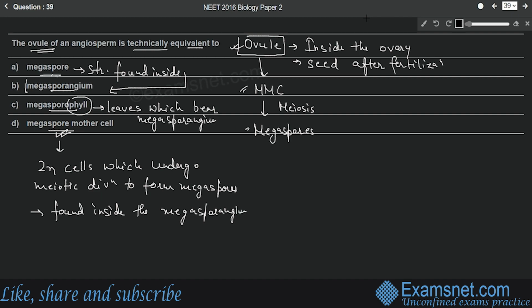So we have seen that megaspores are also found inside the megasporangium. Actually these megaspores were initially in the form of megaspore mother cell, but after meiotic division they become megaspores. And these are present inside the megasporangium, and here we saw that these are present inside the ovule. That means the ovule is technically equivalent to the megasporangium. Therefore option B will be the correct answer.